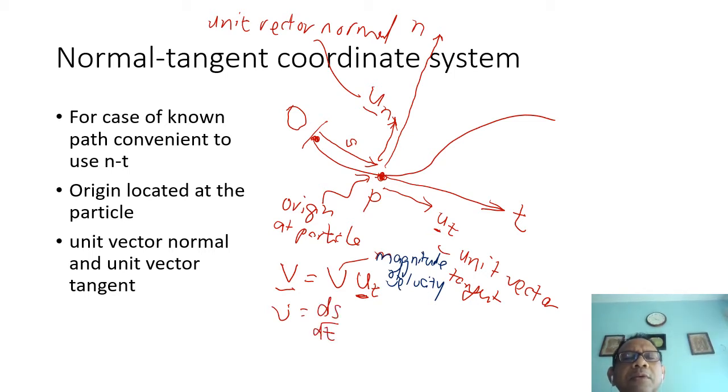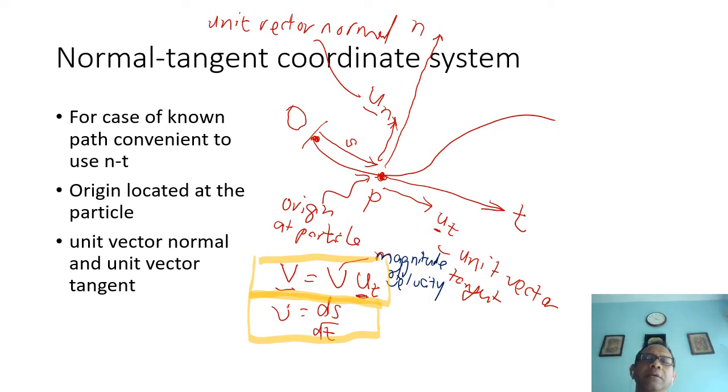So S is here, and we can find that the scalar V is ds over dt. So that is one set of equations, and there's another set of equations here.